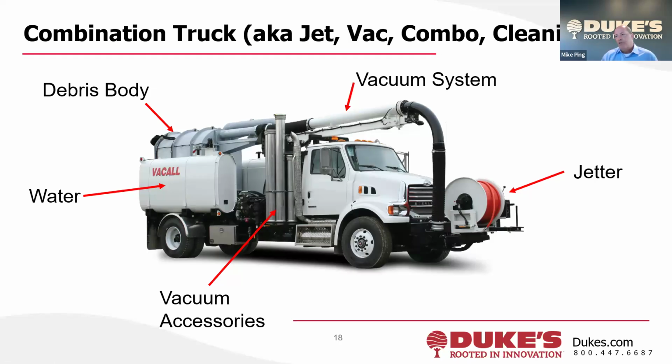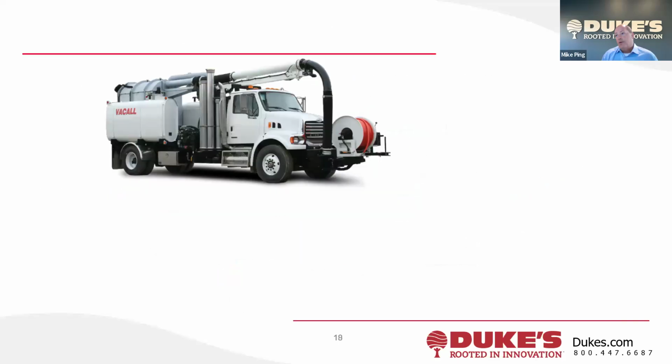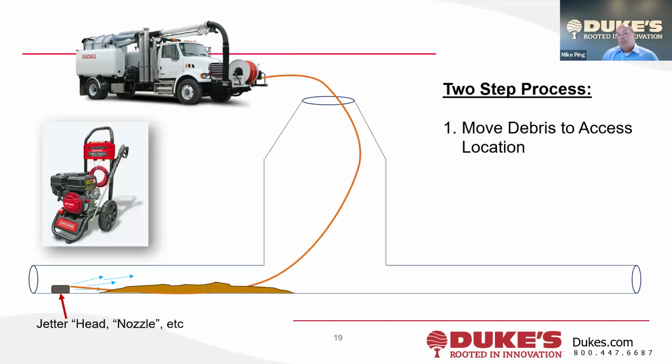You have different attachments and so forth that would go on the end of the vacuum system, so it can reach far down into a manhole. The manhole may be 20 foot deep. You have to have some extensions to get down there to vacuum debris out. But this is the workhorse of the industry for pipe cleaning and removal of debris.